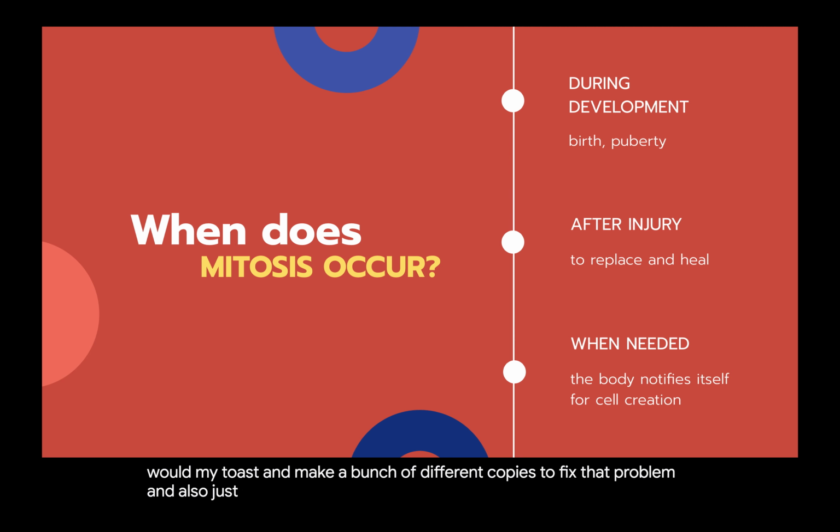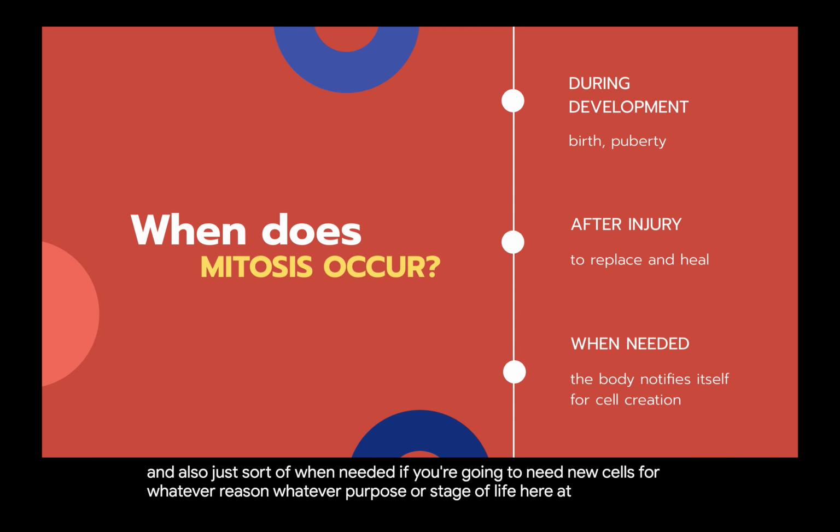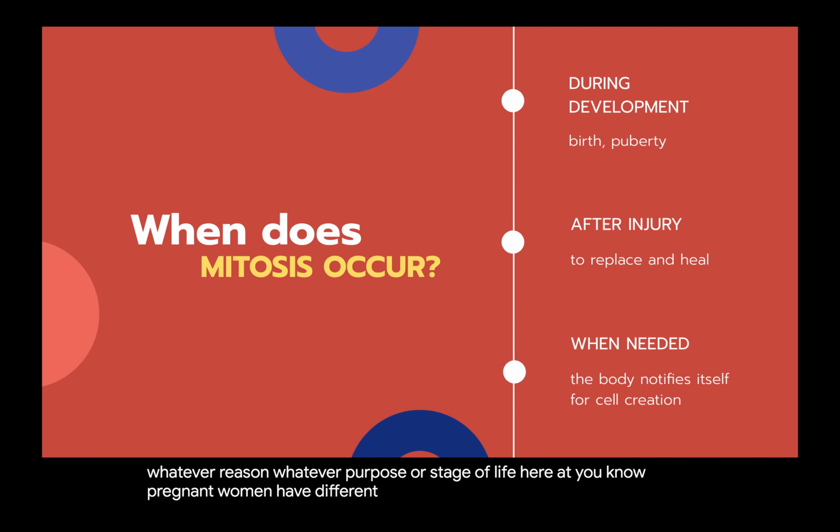And also just when needed, if you're going to need new cells for whatever purpose or stage of life you're at. Pregnant women have different types of structures that they need to support a developing fetus, and they would be produced via mitosis too.